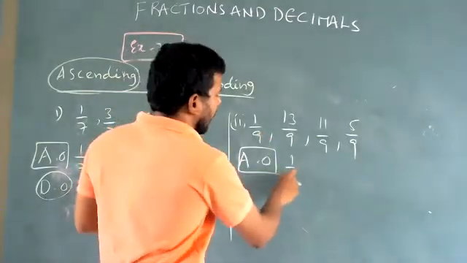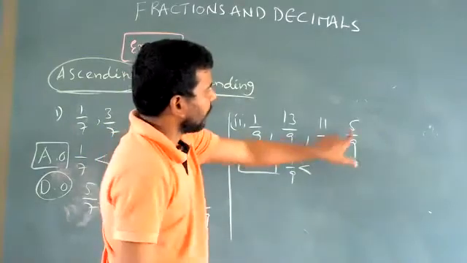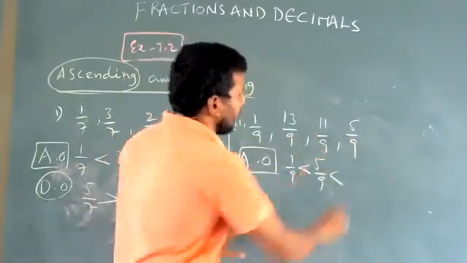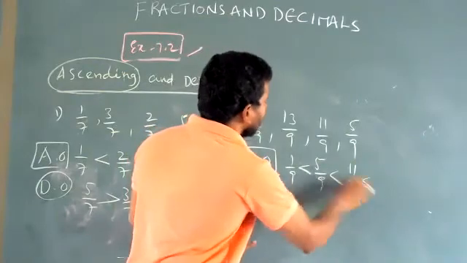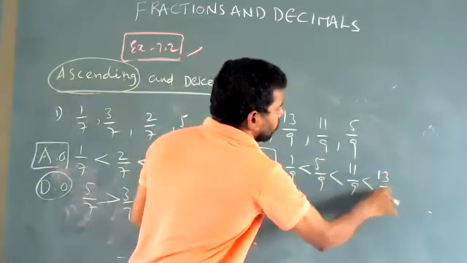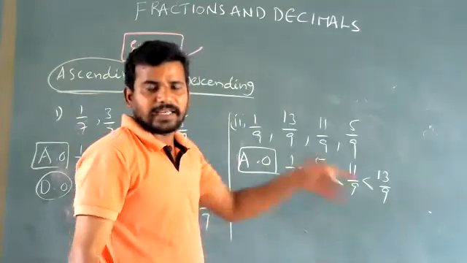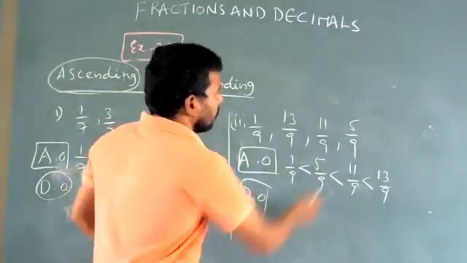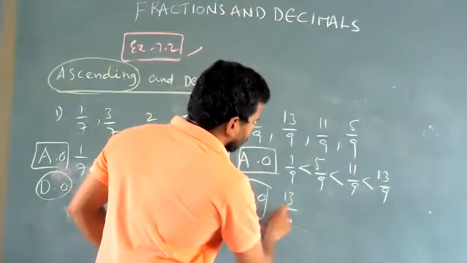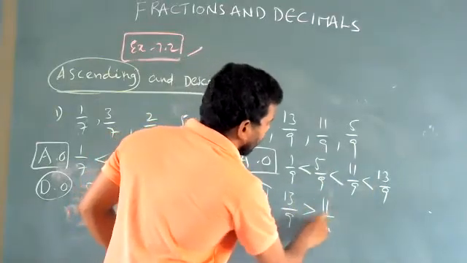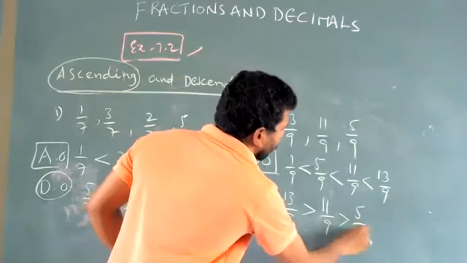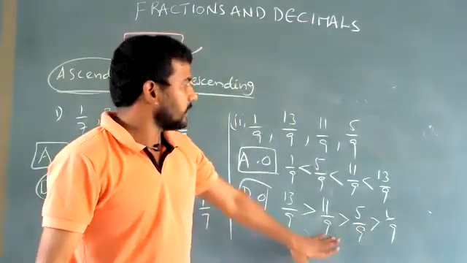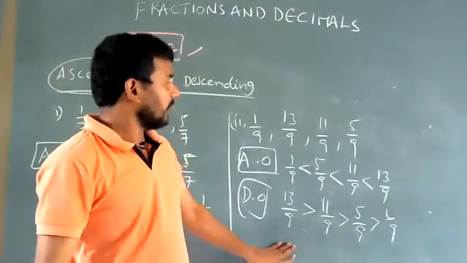So 1 by 9 less than 5 by 9 less than 11 by 9 less than 13 by 9. It is ascending order. Now descending order. Reverse: 13 by 9 greater than 11 by 9 greater than 5 by 9 greater than 1 by 9. So it is descending order.